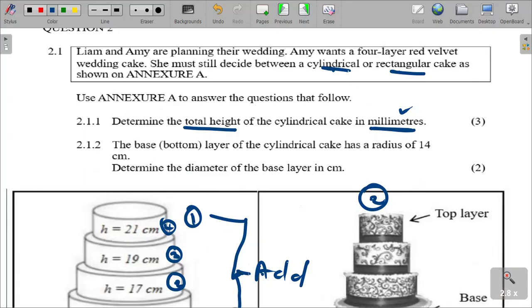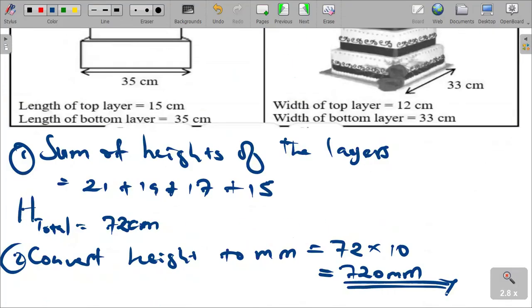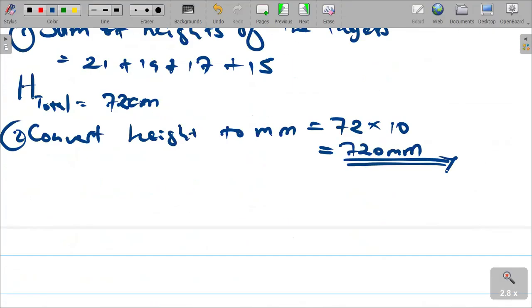So we add and convert to millimeters once we have added the figures. Therefore, that is our total height.